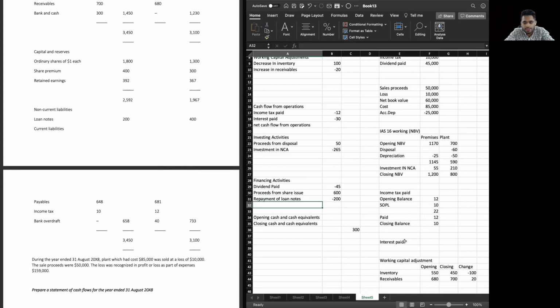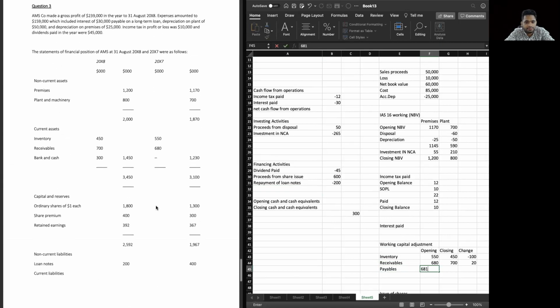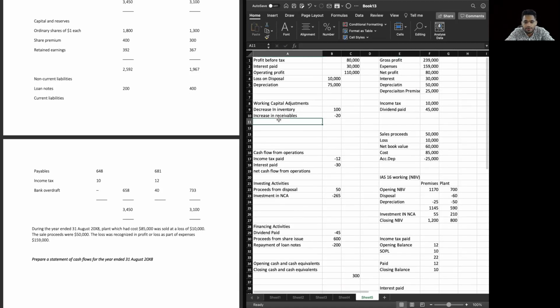Then your payables under your working capital adjustments. The opening balance of your payables is 681. And the closing balance is 648. So the change, your payables have decreased. That means you have paid more. So you have paid 33 extra. So that is a cash outflow.